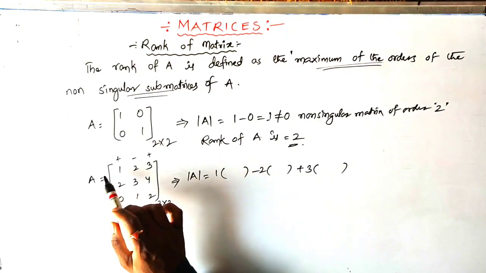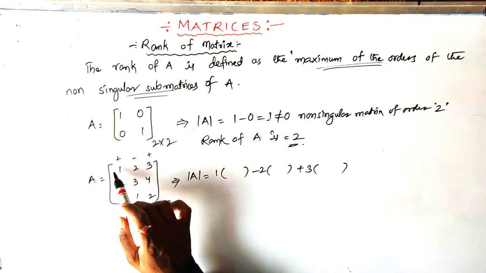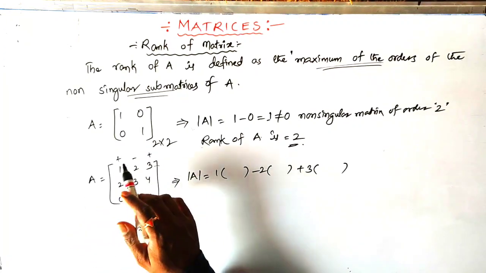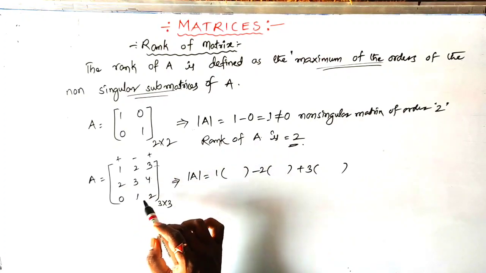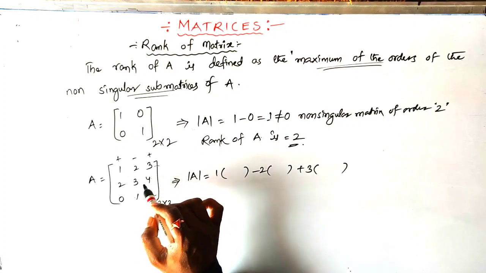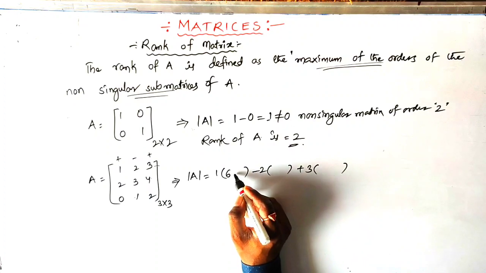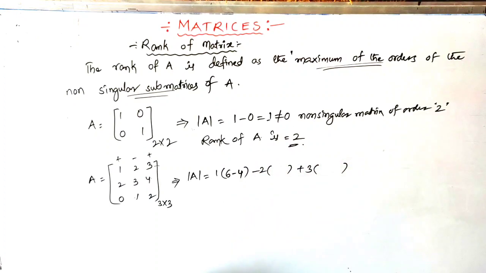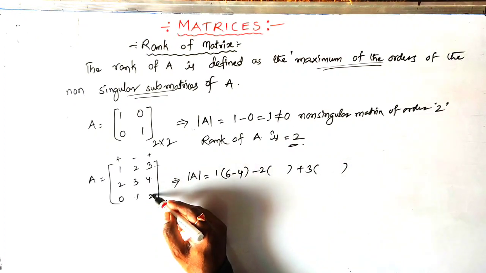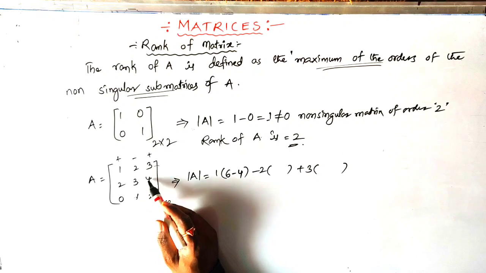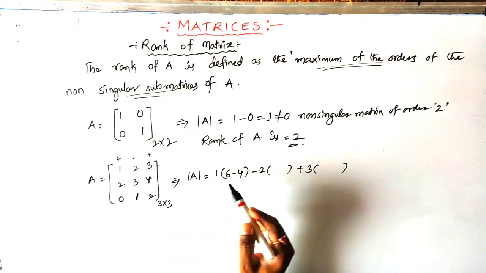How to fill them? Except the row and column of 1, which is in the first row and first column, the remaining are 3 4 1 2, in the form ABCD. We apply AD minus BC: 3 into 2 is 6, minus 4 into 1 is 4.